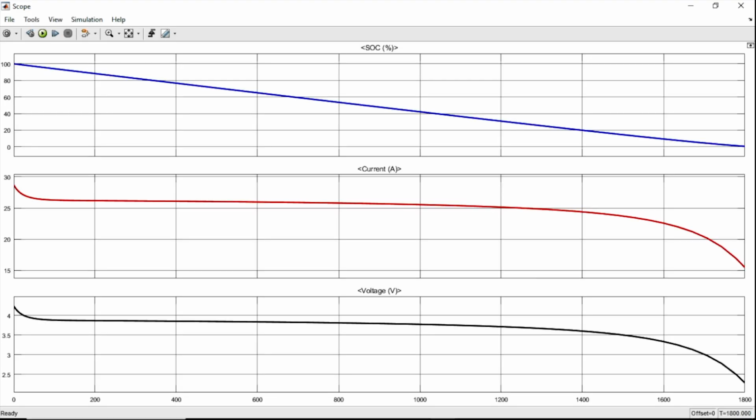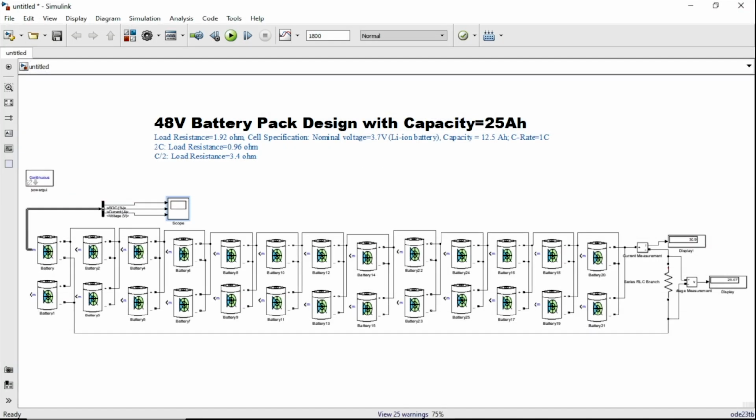So here you can see it takes 30 minutes to completely discharge. So initial SOC is 100% and within 30 minutes its SOC is 0%. Here you can see this SOC curve is continuously decreasing. So here is the current profile as well as the voltage profile.